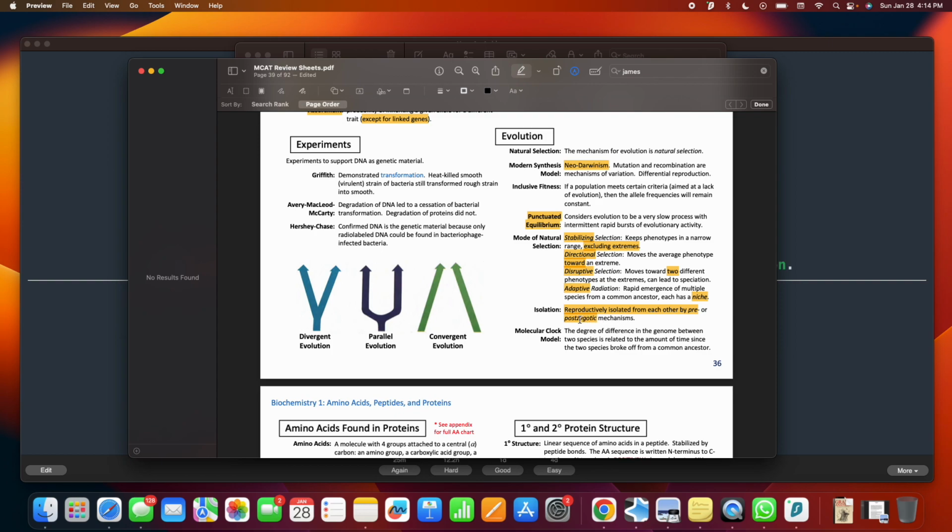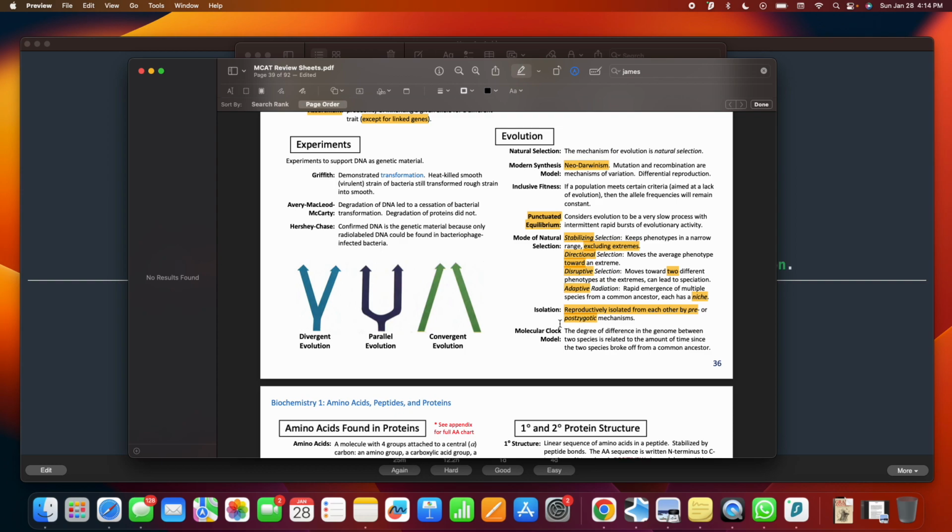Zygotic, like sperm zygotes we have, right? We have eggs also, as female zygotes, stuff like that. So, reproductively isolated from each other by pre- or post-zygotic mechanisms, whatever that means, for isolation.